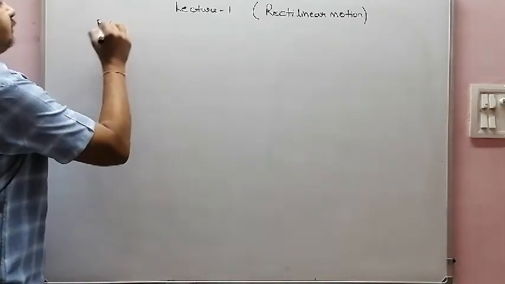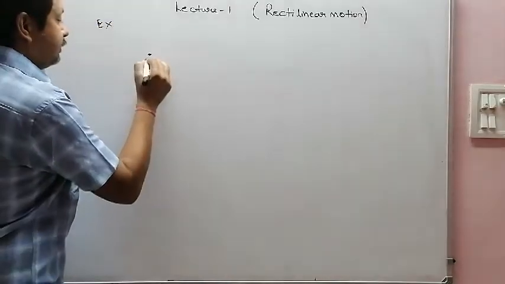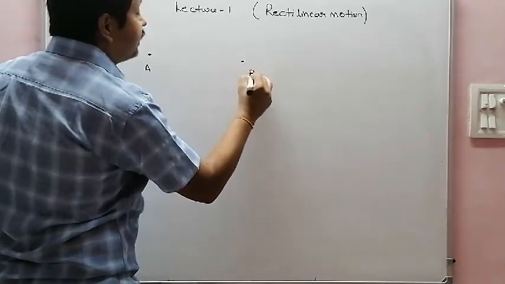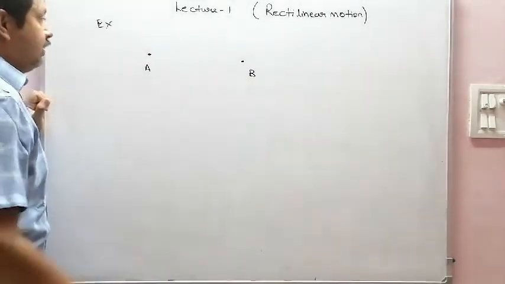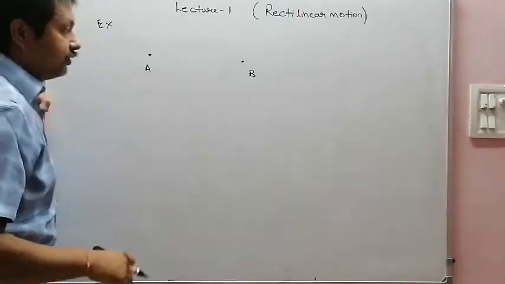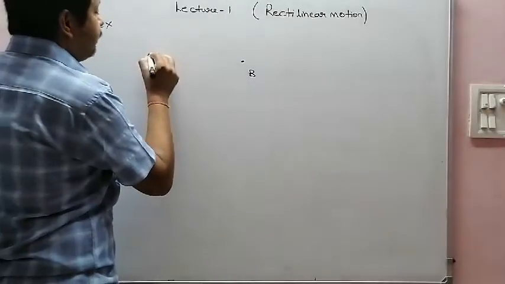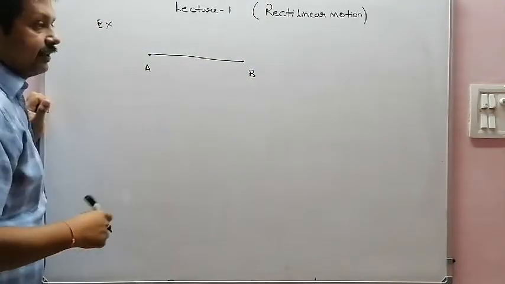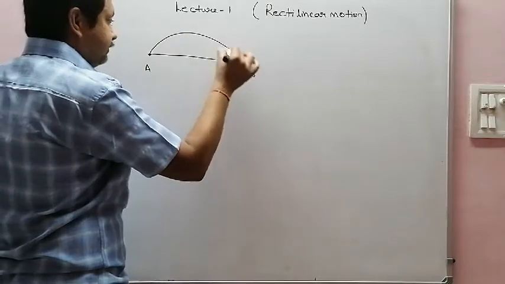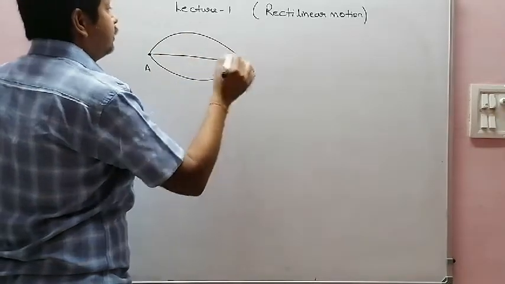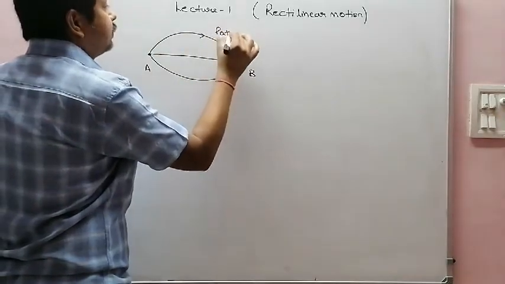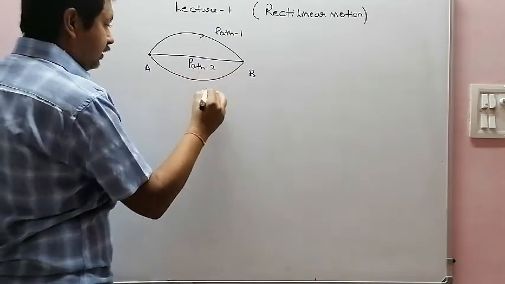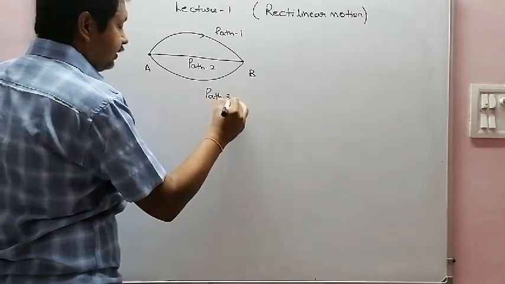Suppose for example, let A be the initial position and B be the final position. There can be many paths from A to B. A से B जाने के बहुत सारे रास्ते हो सकते हैं. Suppose let this be path 1, path 2, path 3.